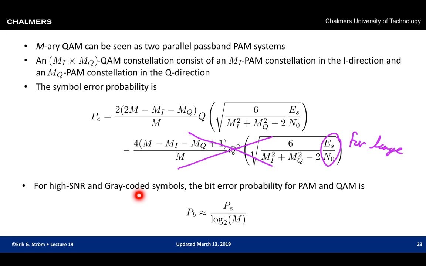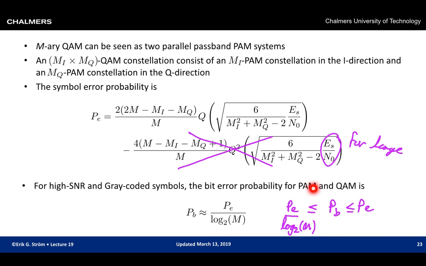For high SNR and Gray coding, we can go from symbol error probability to bit error probability through this equation. In general, the bit error probability is less than or equal to the symbol error probability, but it's also larger than or equal to the symbol error probability divided by log2(M). This holds for all transmission schemes that we can think about.